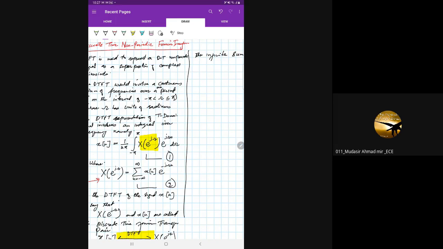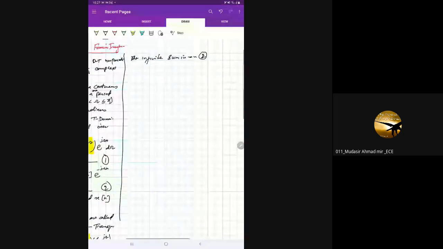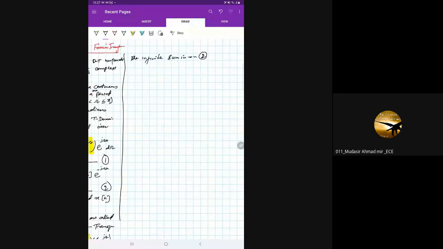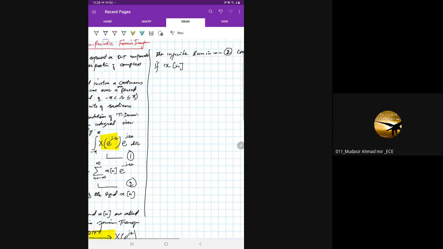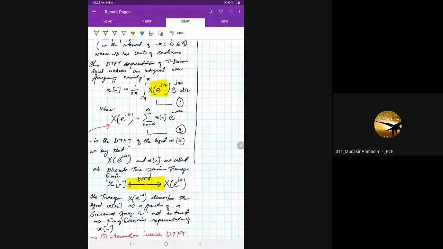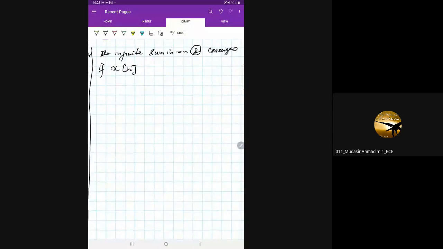It is an infinite summation. The infinite summation in equation 2 converges. You know the meaning of converges now. It converges if x of n, what is x of n? x of n is the signal, somewhere here in equation 2. x of n is the signal which is in time domain.